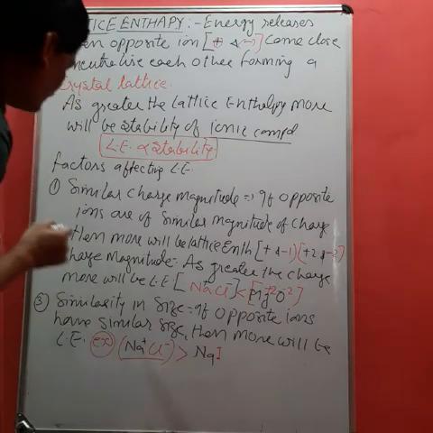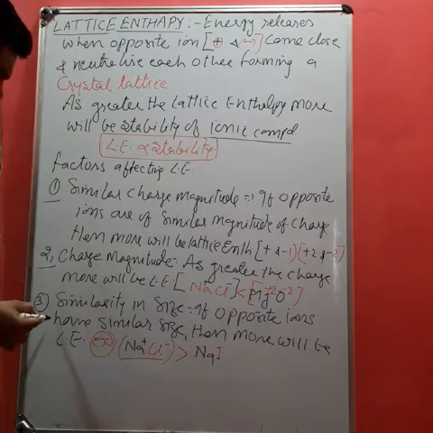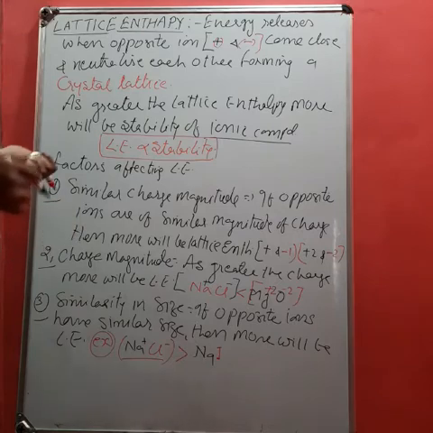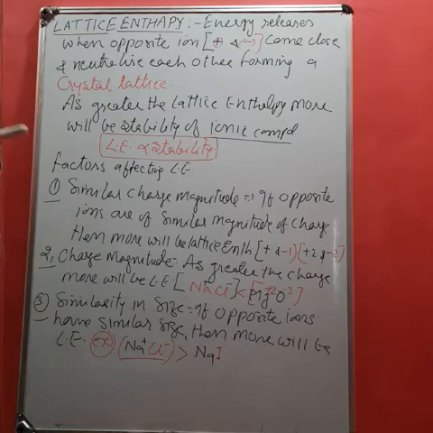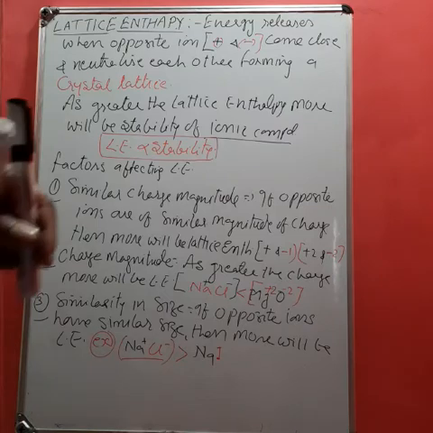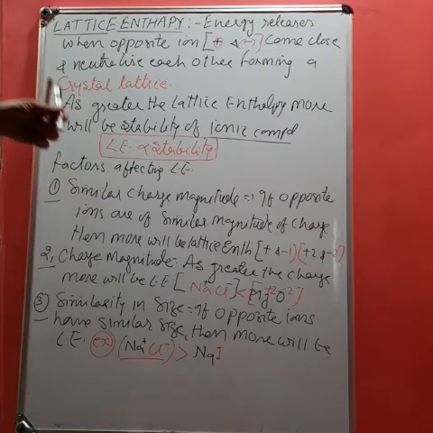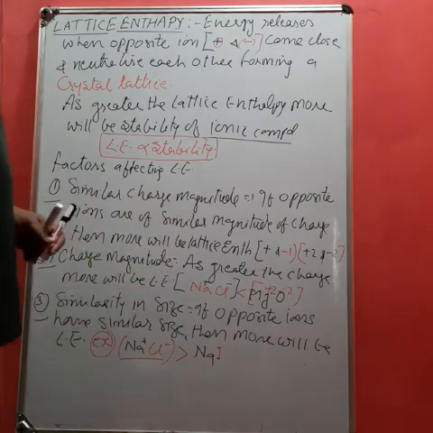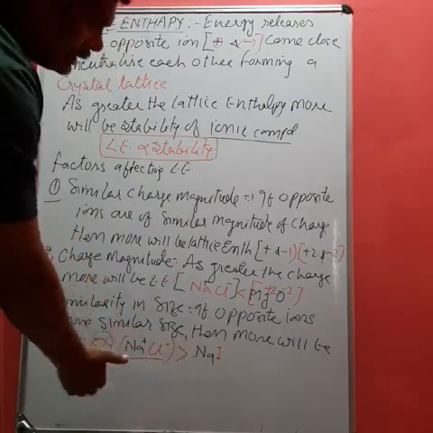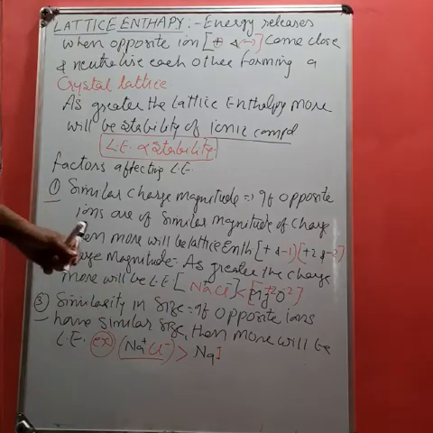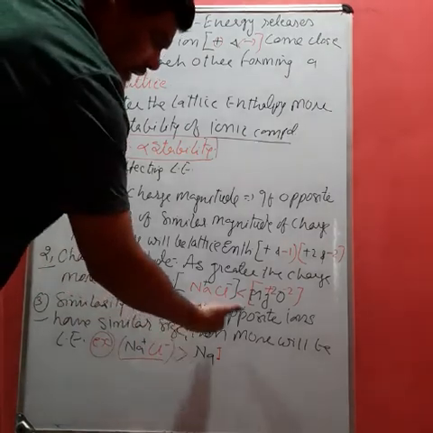So student, you have to keep in mind all these three factors of lattice enthalpy, which will be helpful to explain the solubility and the stability, that is the thermal stability. I will discuss few questions regarding it, like why NaCl is more stable as compared to NaI.